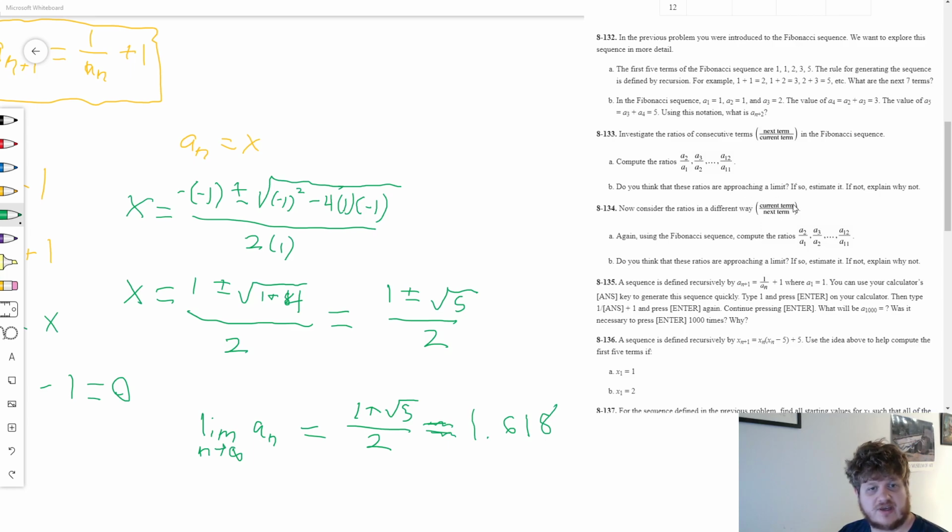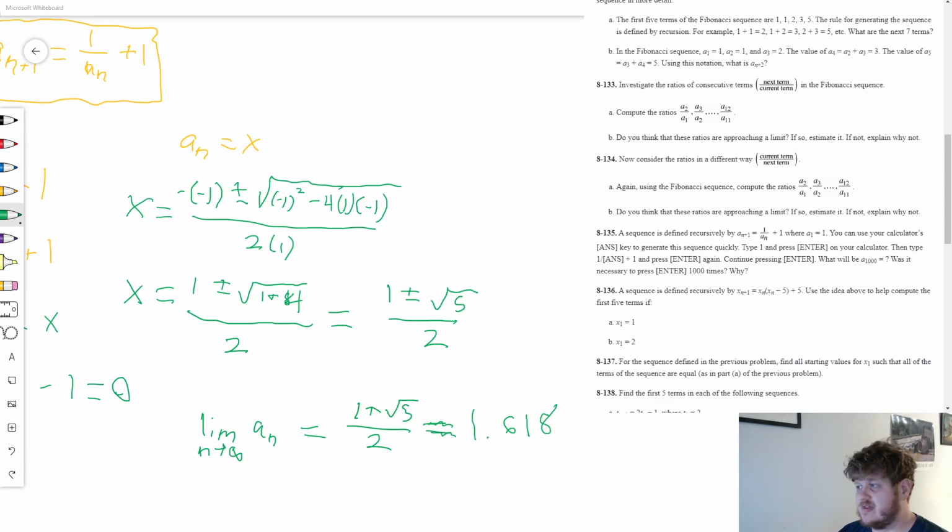So you're doing the current term divided by the next term, and you're going to see what that might approach as a limit. It might be appropriate to call it the reciprocal of this, because this is what it equals in the other one, and this new one is just a flip of it, so that would be just 1 over this limit.